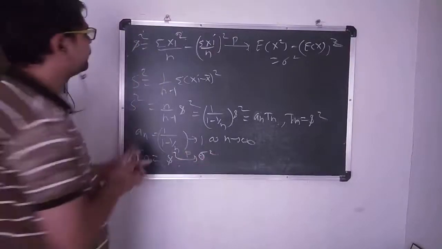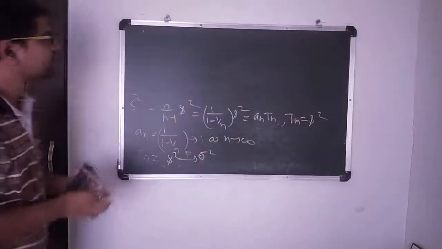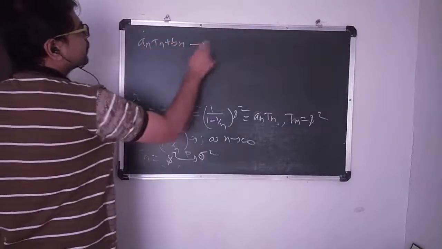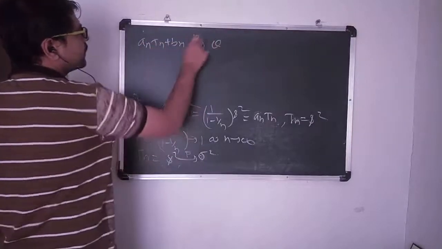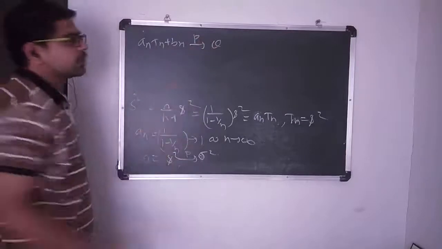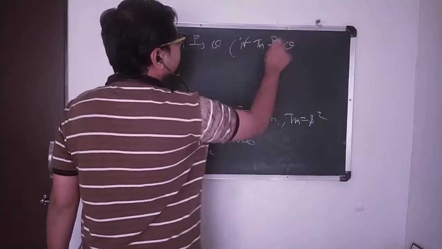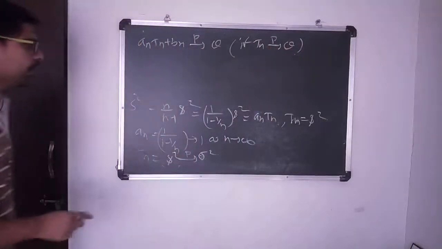By using the result that an tn plus bn is a consistent estimator of theta if tn is a consistent estimator of theta, what we have?